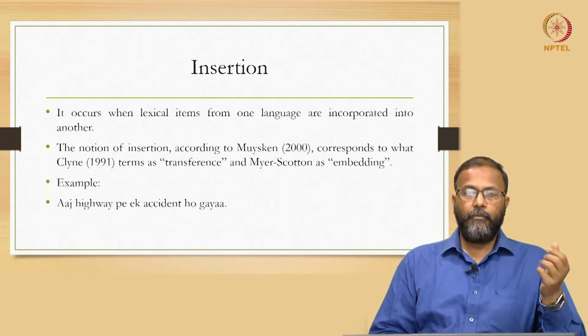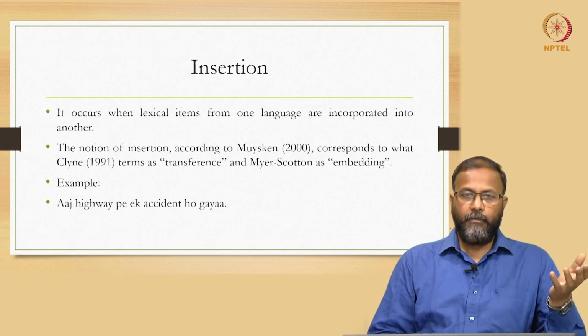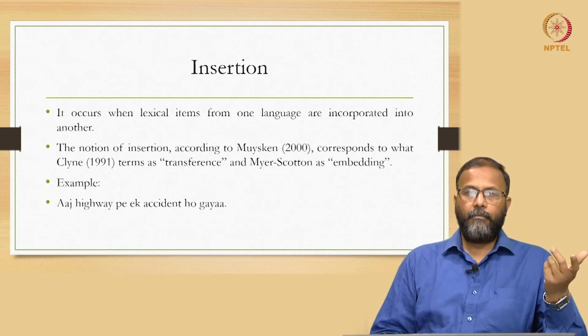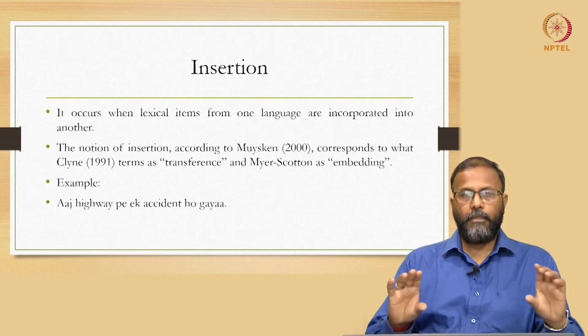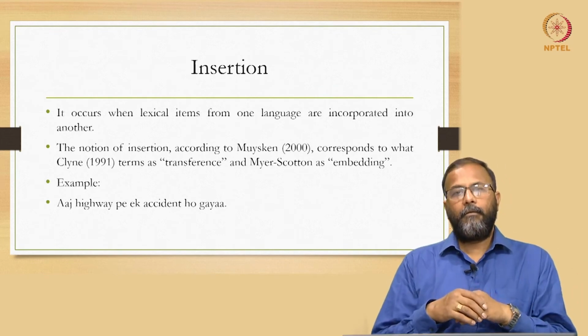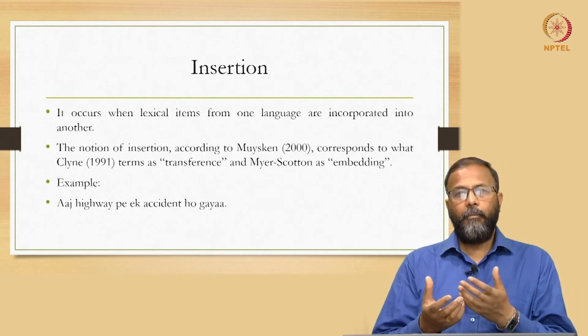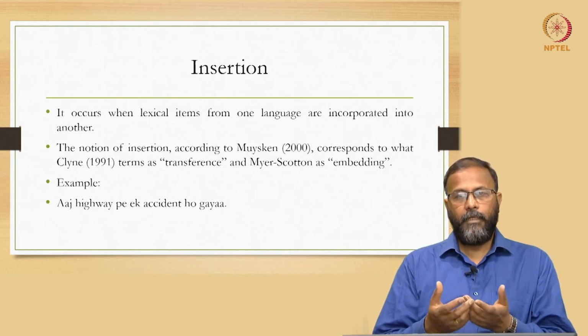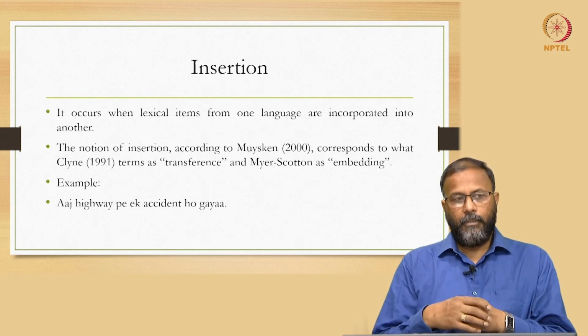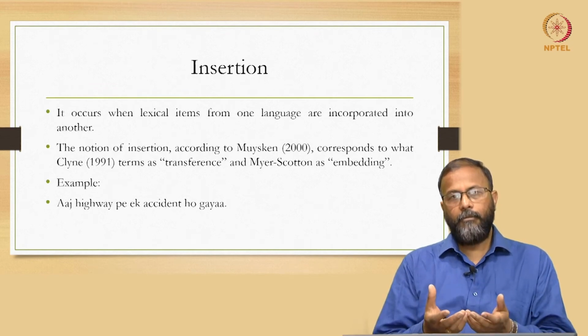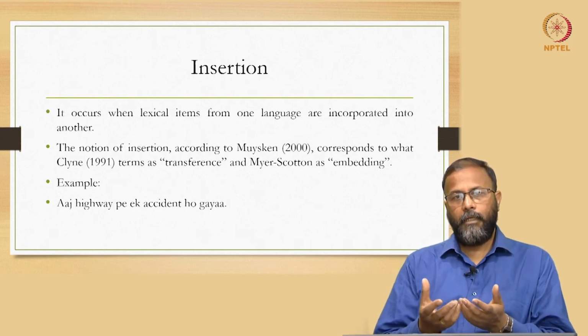It can be a noun, it can be an adjective, right, any lexical item. So they are positioned in situ in the structure, and you get a mixed hybrid variety, right? A hybrid sentence. So something like I just talked about, आज हाईवे पर एक्सीडेंट हो गया.